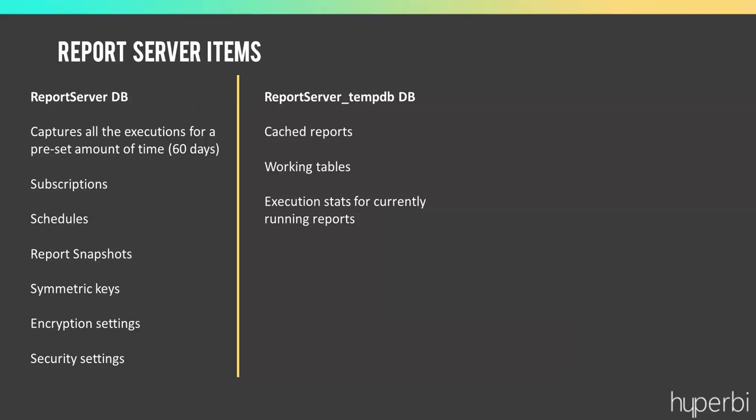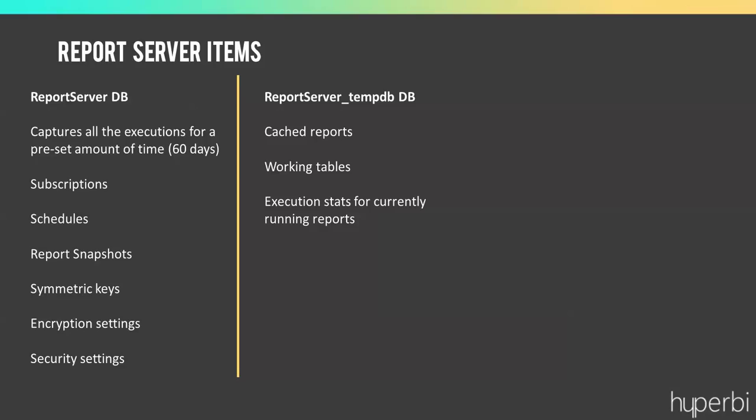So alongside your report server database, you also get a report server _tempdb database. Now, it's probably good to mention here that this isn't the same as SQL Server tempdb. Report server will still use tempdb.